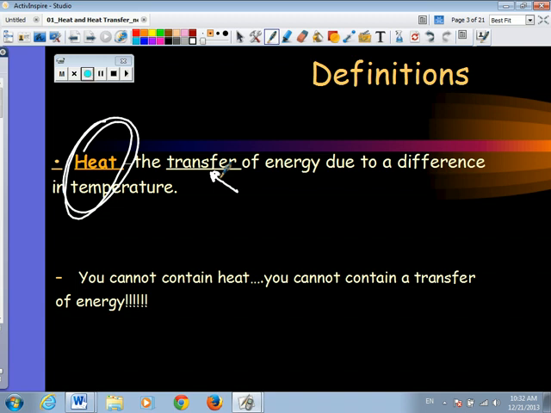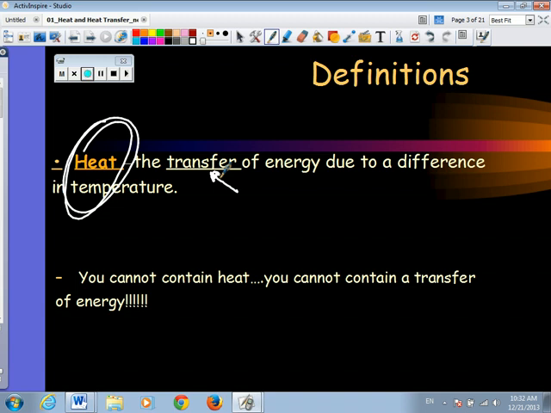If you put an ice cube in your hand, it feels cold because the heat is leaving your hand and going into the ice cube. Does that make sense? Kind of like a hot cup of coffee, or a hot cup of cocoa. That cup feels warm because it's transferring the energy to your fingers.